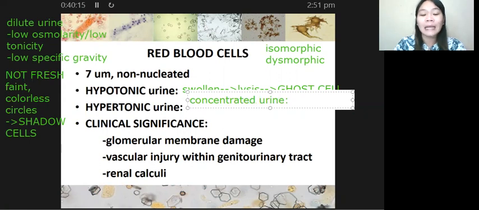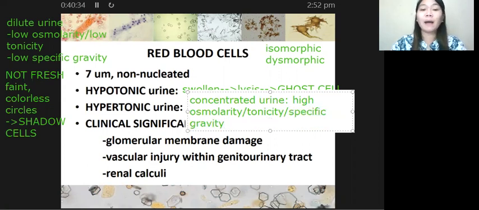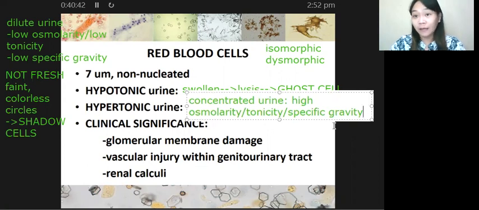So meaning it has a high osmolarity. Okay, high osmolarity or high tonicity, kaya nga siya hypertonic, okay? And when it comes to the specific gravity is also high. Okay? Kasi baka mamaya hindi hypertonic urine yung gamitin nilang term. Baka mamaya ang ilagay nila doon ay urine with a high specific gravity.